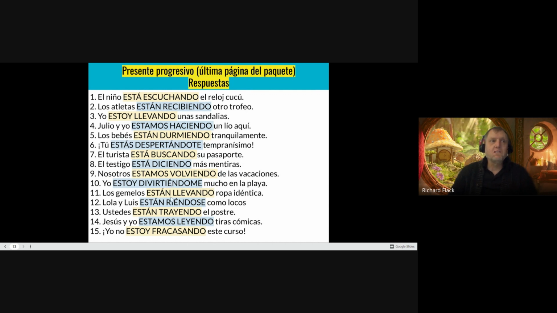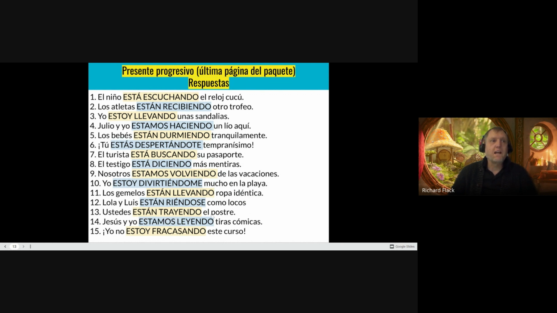Los gemelos están llevando ropa idéntica. The twins are wearing identical clothing. Lola y Luis están riéndose como locos. Reflexive verb. So our reflexive pronoun has to attach to our participle riendo, and our first syllable of the participle gets a tilde. Lola and Luis are laughing themselves like crazy.